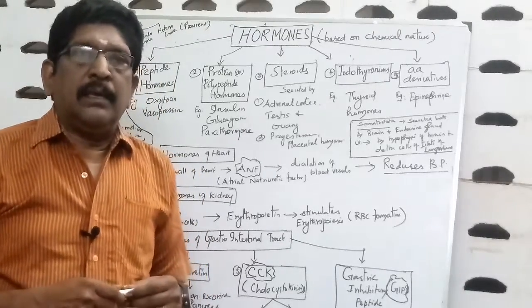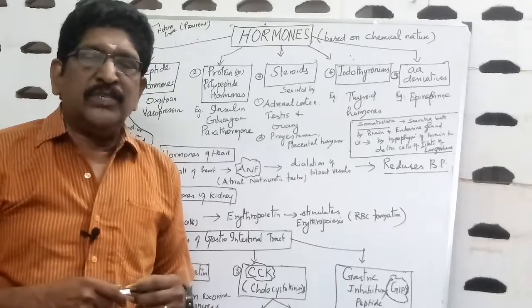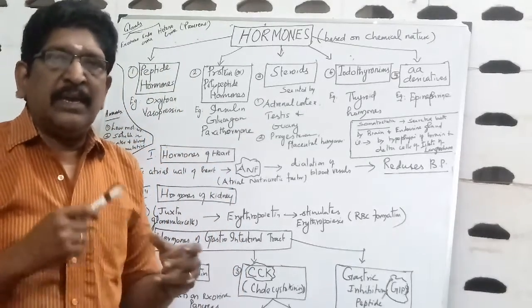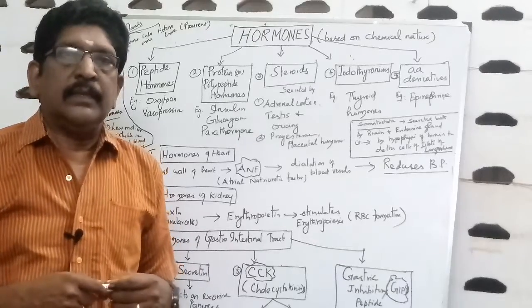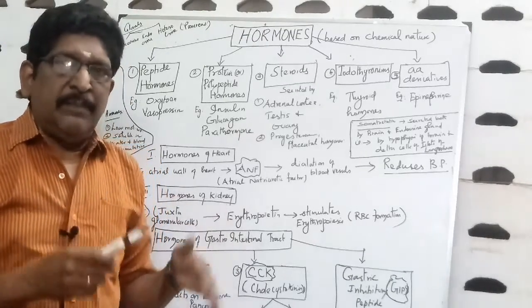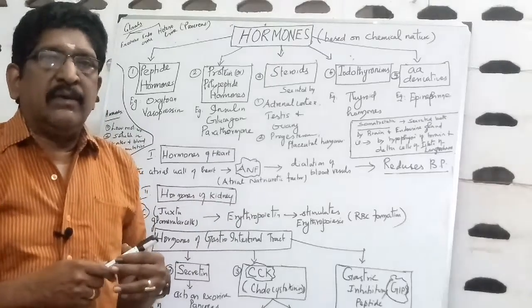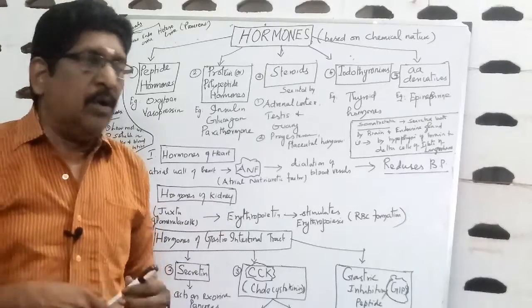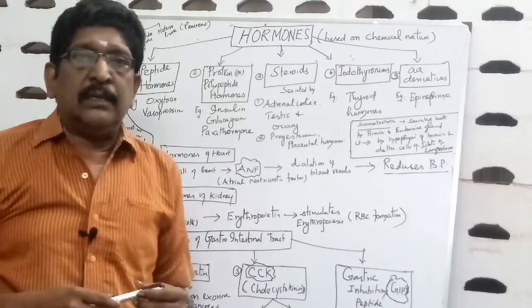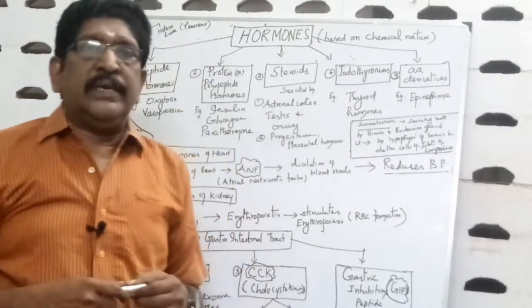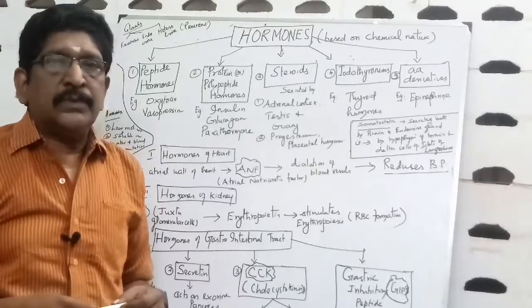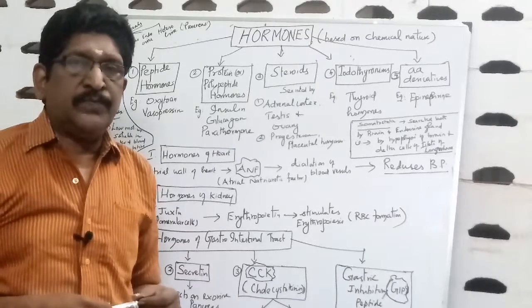Today, let us take up one chapter from human physiology, that is chemical coordination. It's an important chapter. In that chapter, today we shall talk about the hormones. We have already spoken about the mechanism of action of the hormones, steroid and non-steroid hormones.